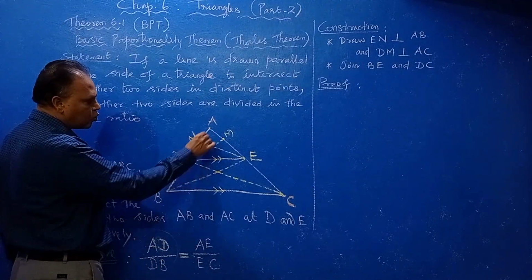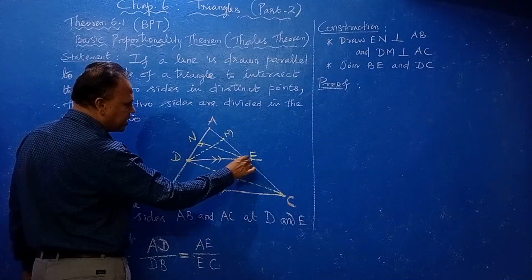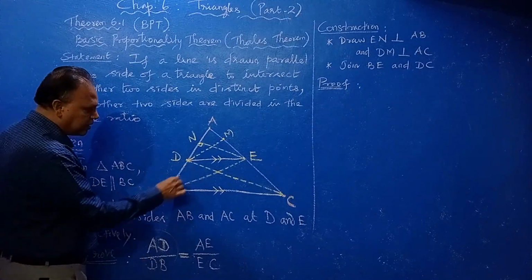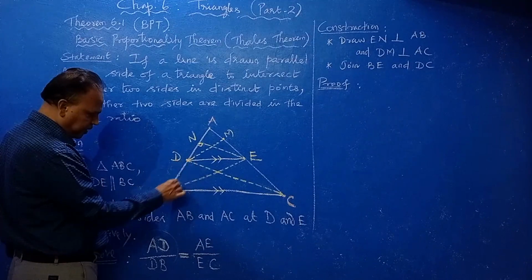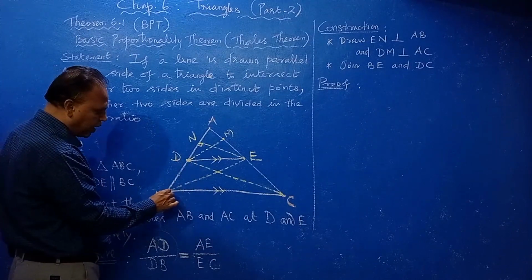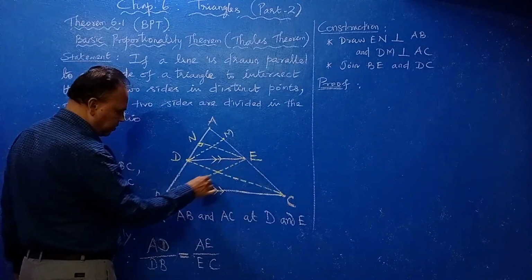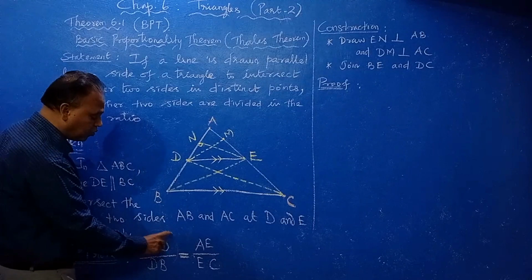Here, based on AE, you have one triangle, ADE is one triangle. Then denominator we have DB. So based on DB, you have another triangle, that is what? BDE. BDE. Understand?